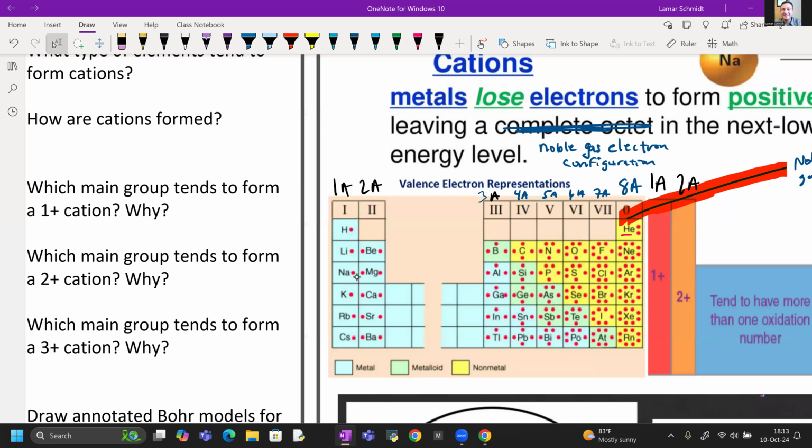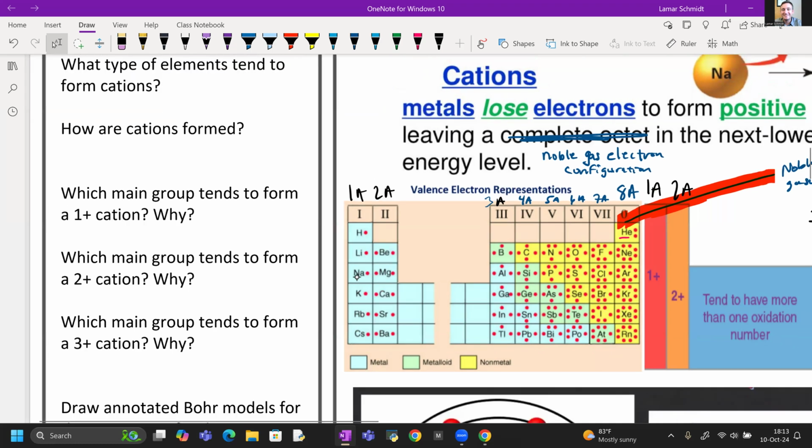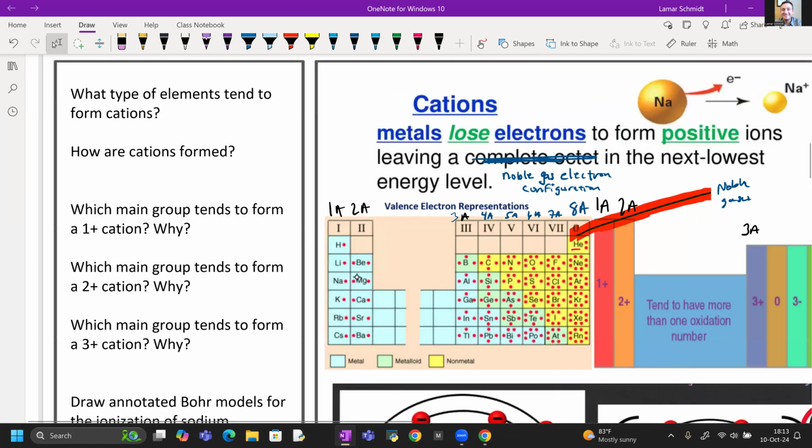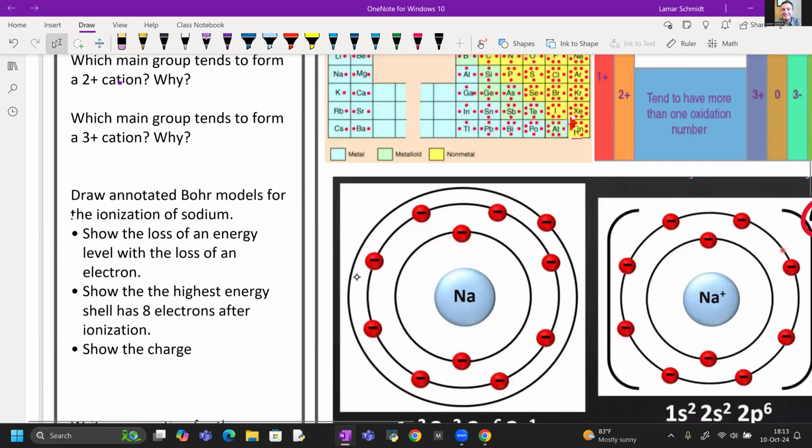All right, so we went through all of that to now answer our question. So we know about metals, we know where they're located. We know that they lose electrons to form a positive ion, leaving a noble gas electron configuration. So here is an example of sodium.